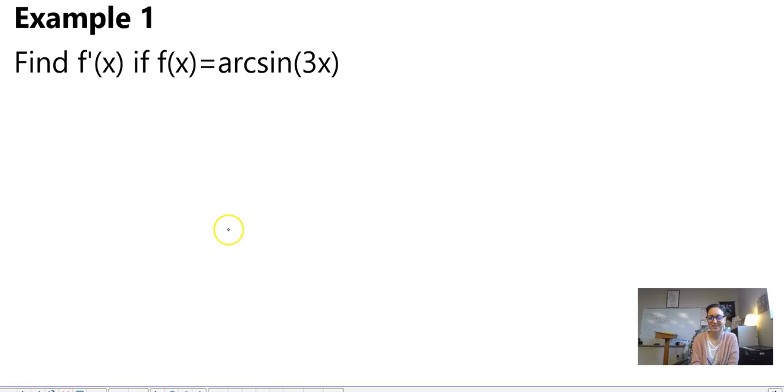All right, I'm going to force a pause on your screen. Can you please copy example 1 for me? We want to find the derivative of arcsine of 3x. Any special rules? We're going to need chain rule because I have arcsine of something other than just x, right? I have 3x. When you're doing these inverse trig derivatives, I really recommend putting the derivative of just the parent function to the side so you've got it as reference, and also you are working on memorizing those.